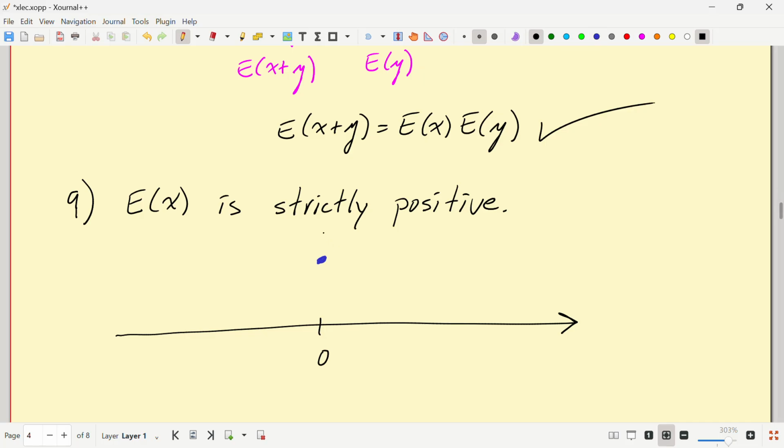So at 0, it's equal to 1. E to the x is never 0.